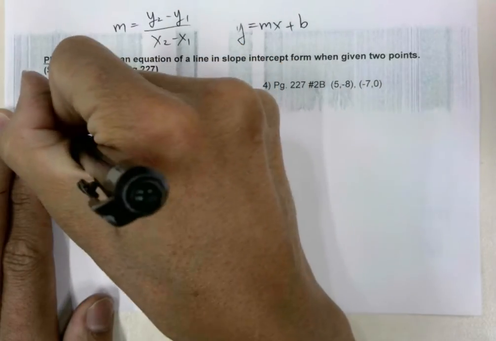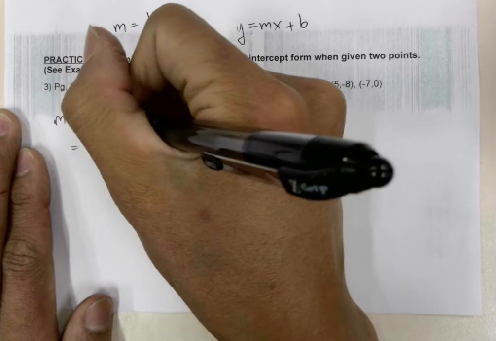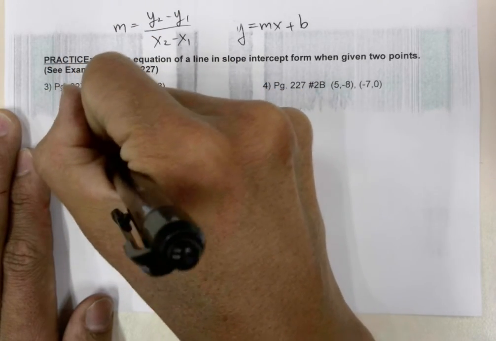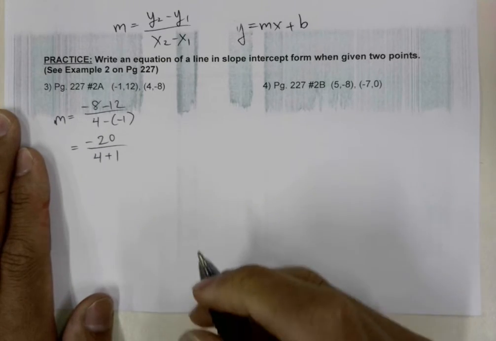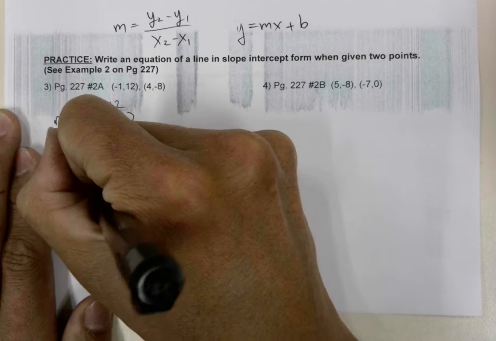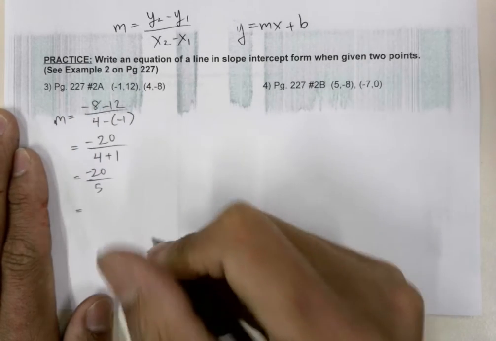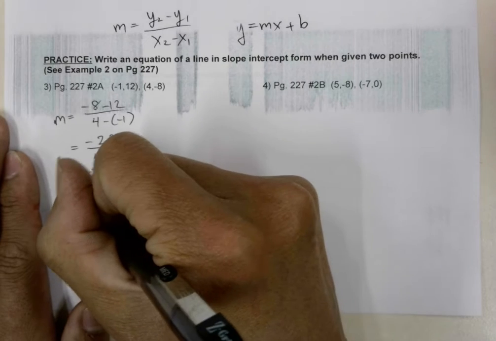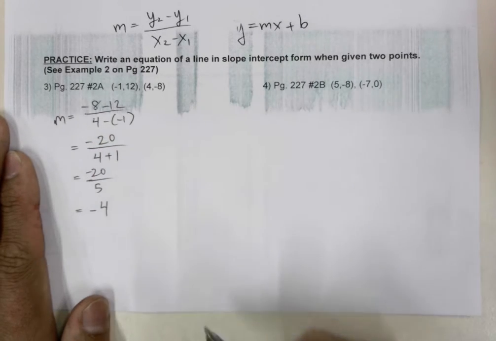Let's rewrite that: -20 over 4 + 1. And that's going to reduce to -20 over 5, which is equal to, and here we have a negative divided by a positive, so that's -4. That is our slope.